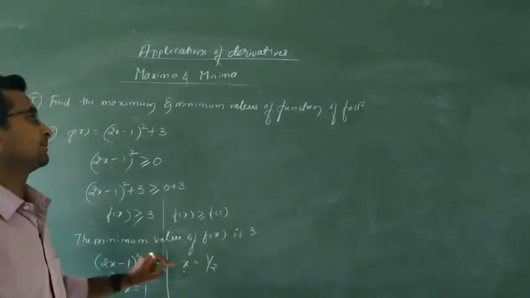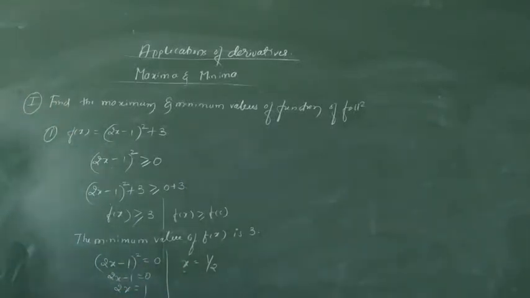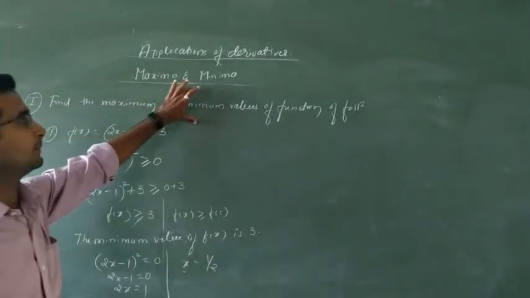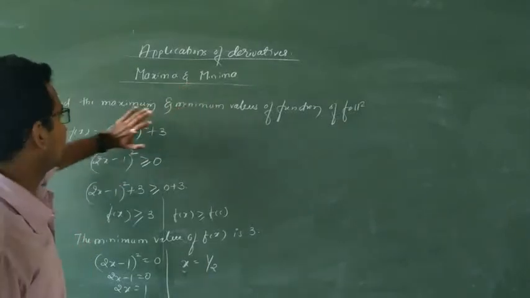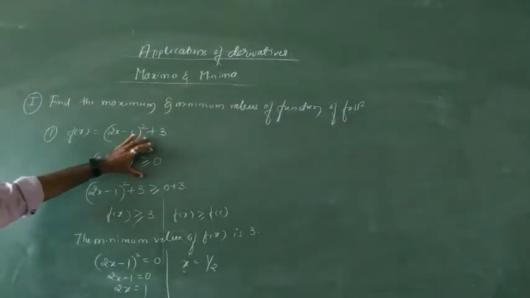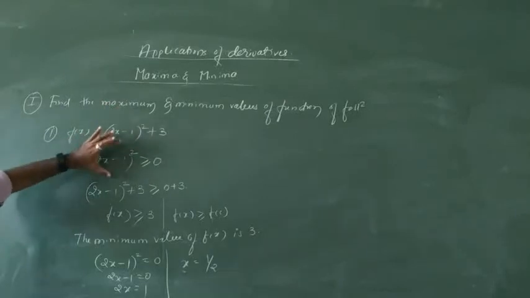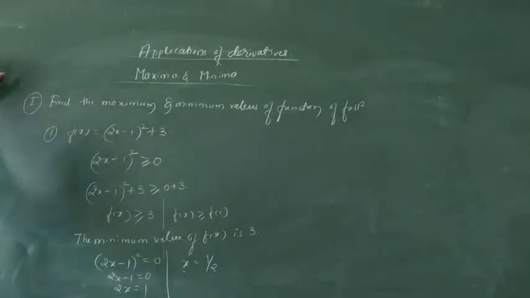Again I am repeating this. Whenever a square function is given and we are asked to find the minimum or maximum value of the function, the square should be greater than or equal to 0. So (2x minus 1) whole square is greater than or equal to 0.